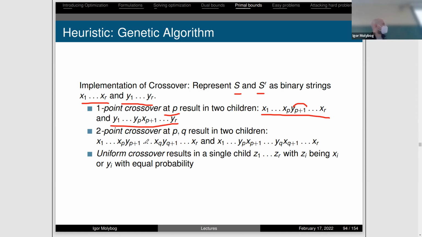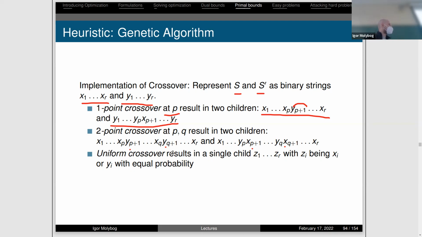Obviously, it just means that you swap two values in the first string with the two values in the second string, and it can be extended to whatever number of points you might think about. But it's more common to use 1 or 2-point crossover, because the further you go, the more complicated it becomes. It's harder and harder to prove anything about it.